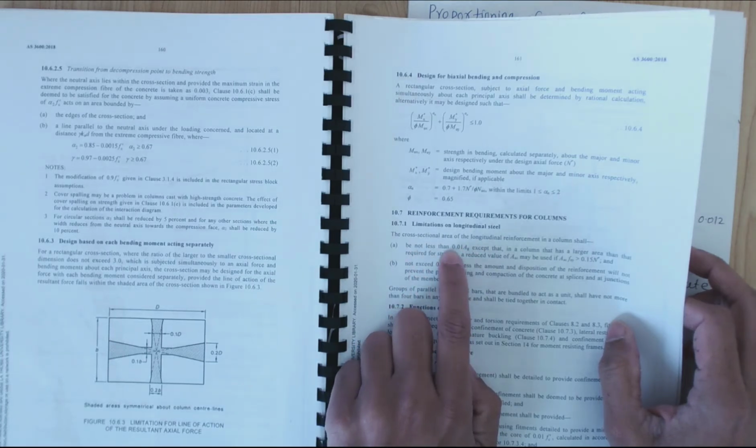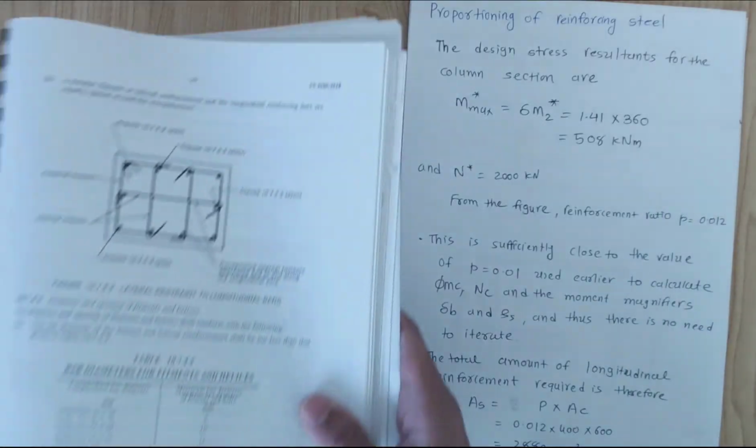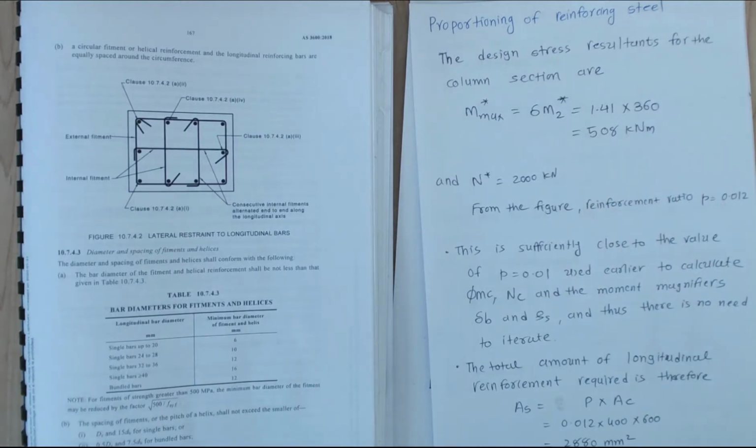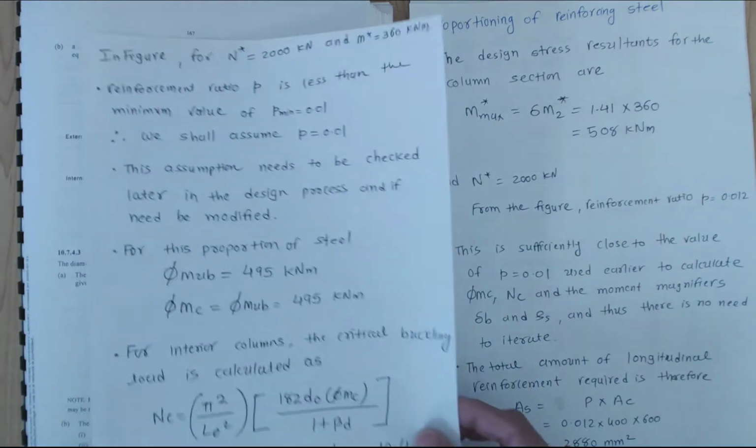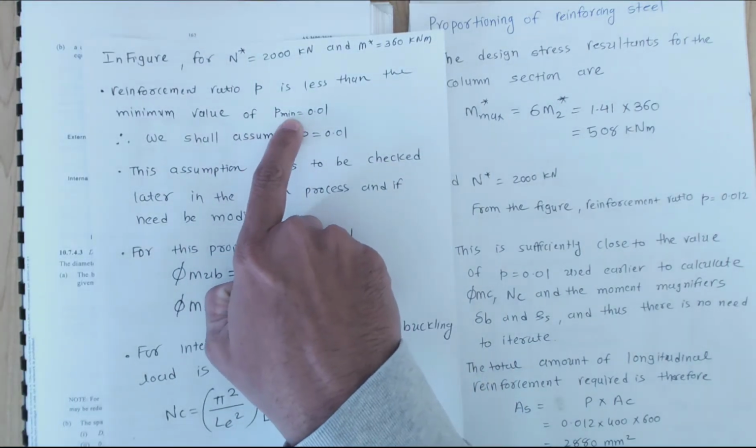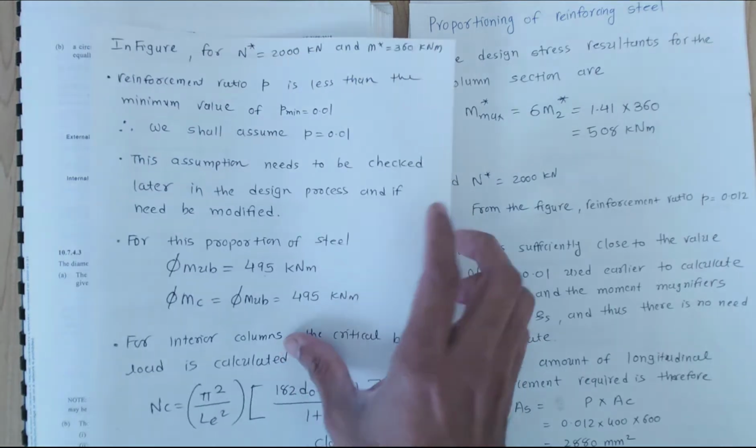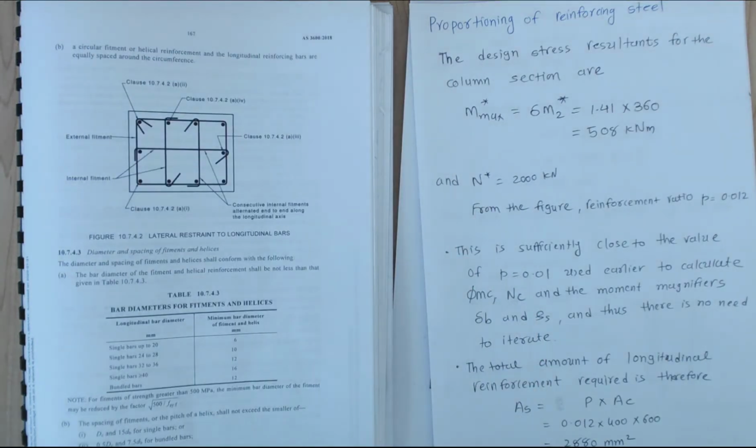So the reinforcement ratio equals a minimum of 0.01, coming from the standard. I can show you in our examples where we looked at the rho minimum. There you go. In the previous videos we took rho minimum, the reinforcement ratio, as 0.01.